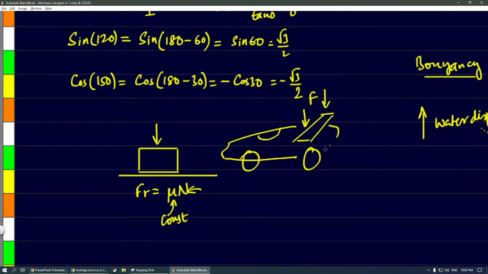Especially racing cars, they need to take turns at a much faster speed, right? Yes, sir. When the car is taking a turn like this, then there will be an outward force, centrifugal force, and there's a chance of slipping. If you don't want it to slip, then you need more friction, right?